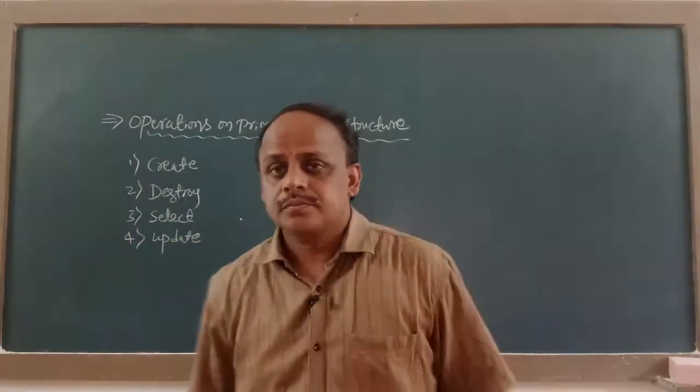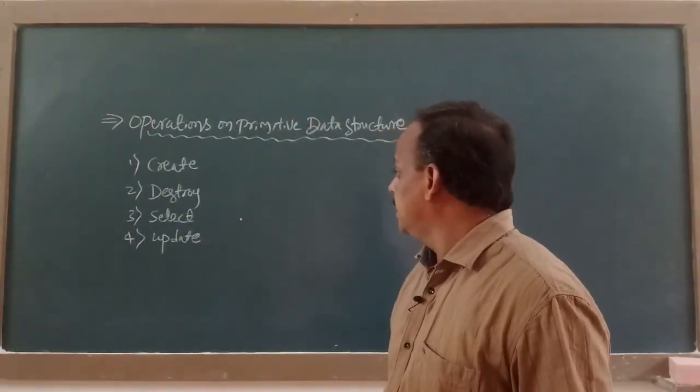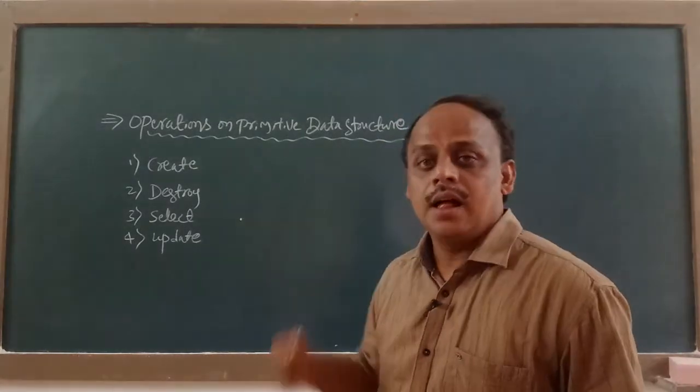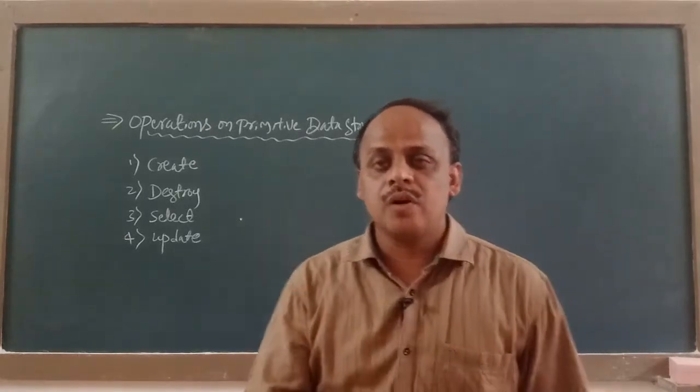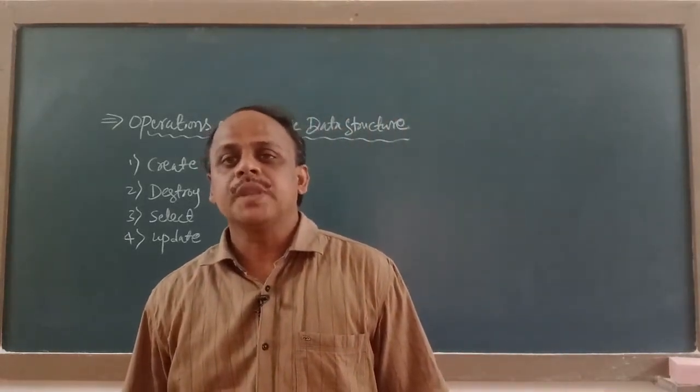See here, create, destroy, select, update. These are the four operations we can perform on primitive data structure.